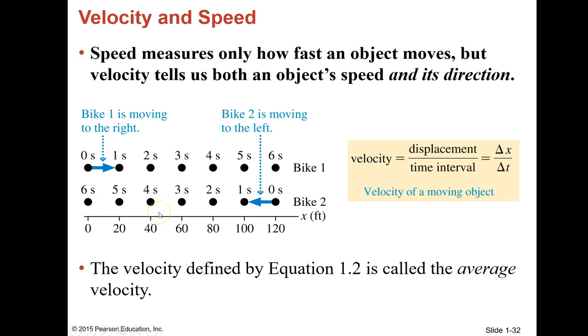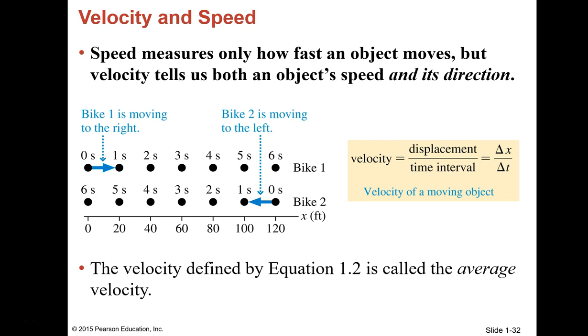If it's going away from the origin to the positive side, that's a positive velocity. If it's going towards the origin or to the left of the origin, then it's going to have a negative velocity. But the numerical values for this particular instance would be the same. Just that one will be positive and one will be negative.